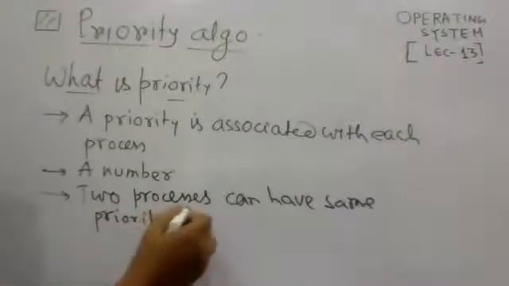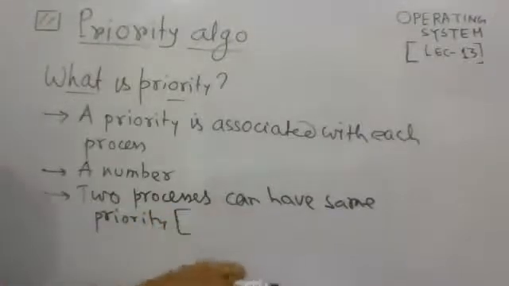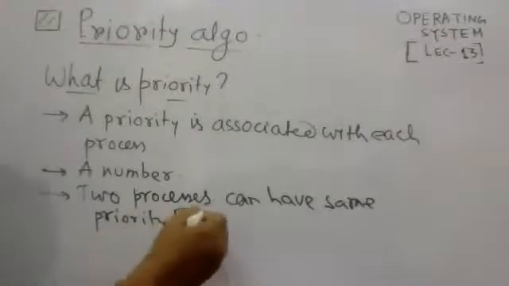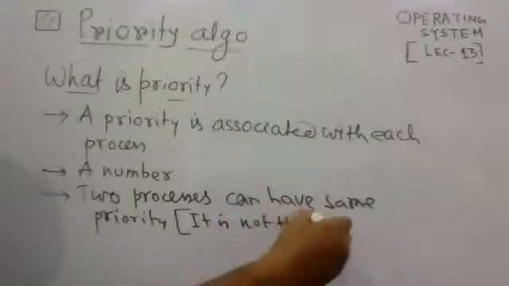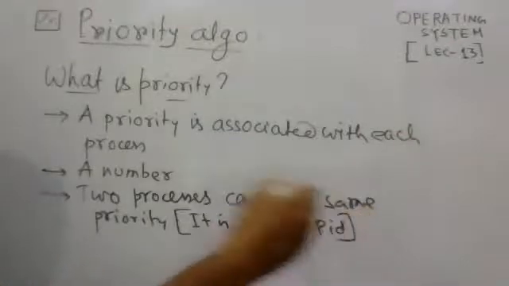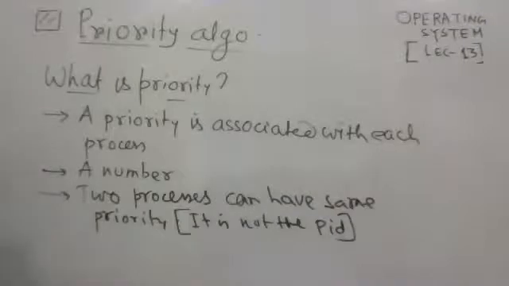So basically it is not the process ID. Please be clear on this. Process ID is a unique number, but priority is not unique. Two or more processes can have the same priority.